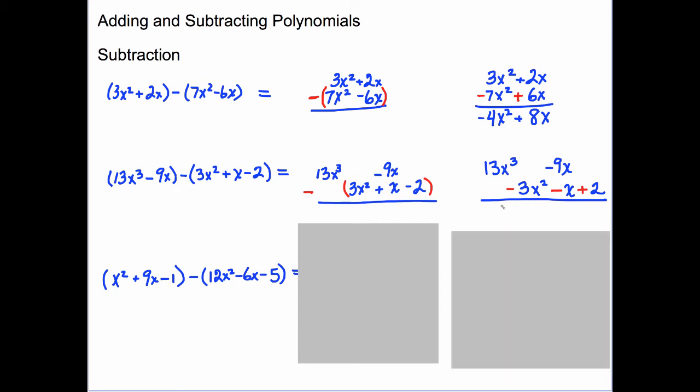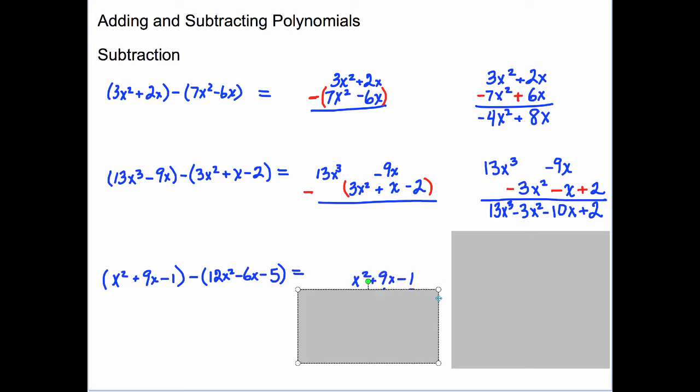All right, so this is 13x cubed, so this just comes down as 13x cubed. This is minus 3x squared. Minus 9x minus x is minus 10x, and then plus 2.